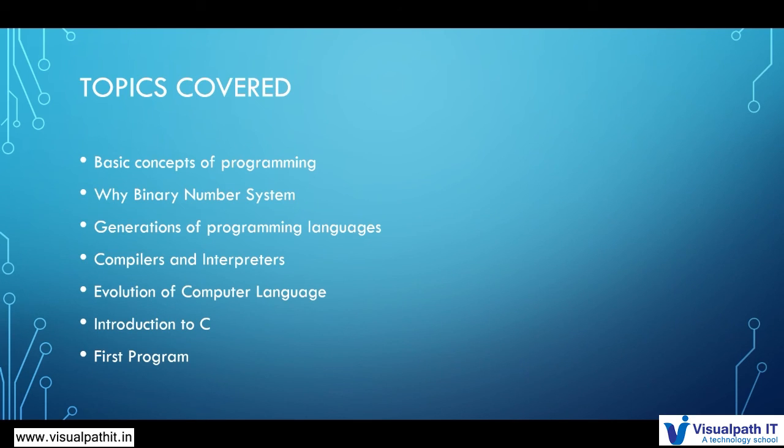Next we understood the difference between compilers and interpreters. And further, we saw the evolution of the different programming languages. We discussed Fortran up until Java, and what the different languages were that had evolved. Then we understood the basics of the C programming language.